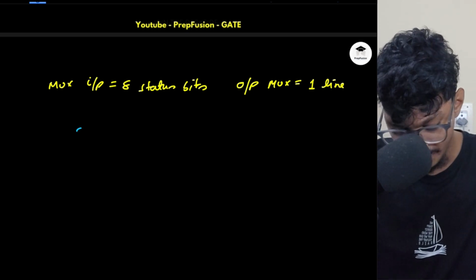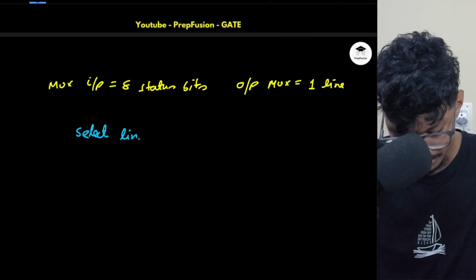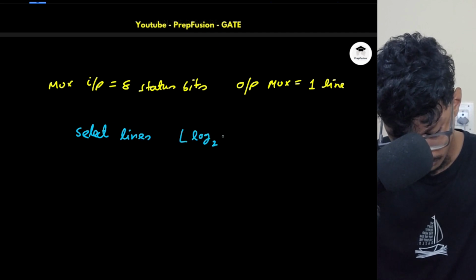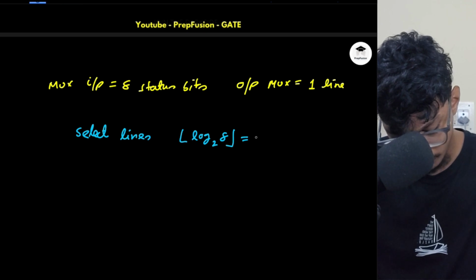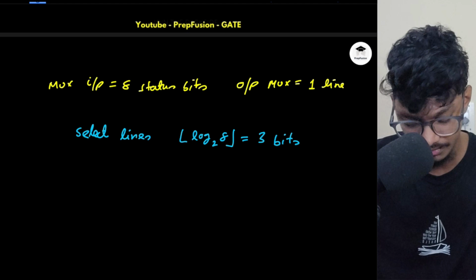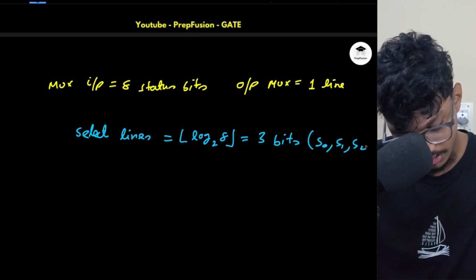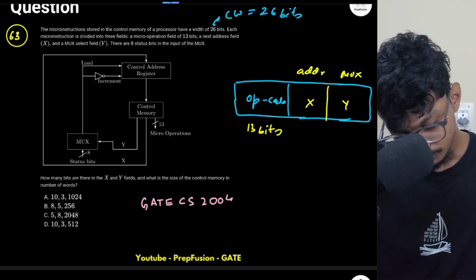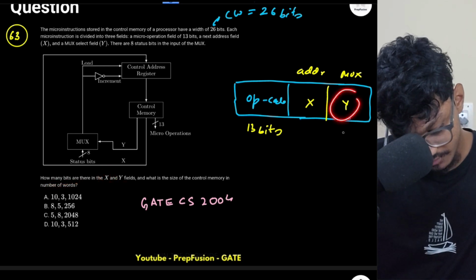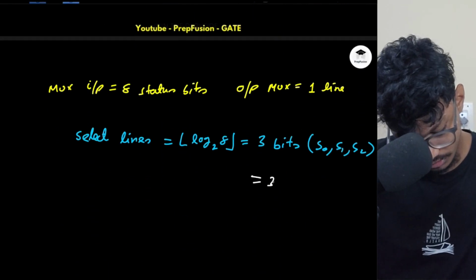So how many bits will I require to control the mux? It is log base 2 of 8, upper bound, so it will be 3 bits. So I will require 3 mux select lines, S0, S1 and S2. How many bits are there in the X and Y field? In the Y field I have got the value 3. This is my Y.